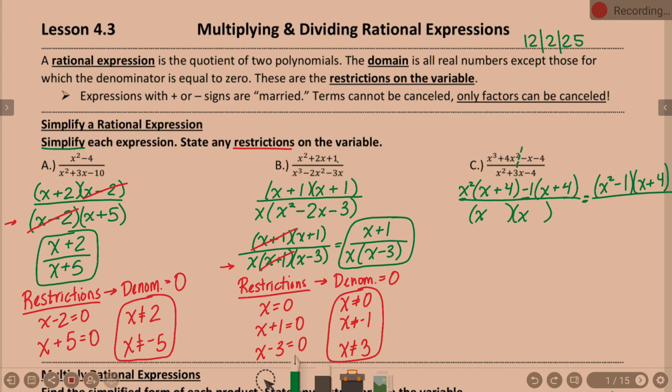But in this scenario, we're going to have to use 1 and 4. If it multiplies to be negative, one of those is negative. If it adds to be positive, larger number positive, smaller number negative. And I'm just going to carry this over here as x minus 1 times x plus 4.